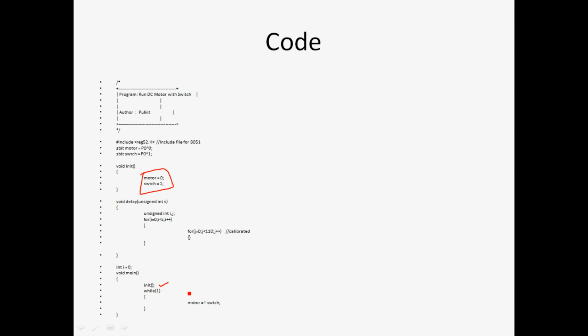In the logic area it's written motor is equal to not switch, which shows that if the switch is pressed then the motor will run. So switch should be 0 if we want the motor identifier to be equal to 1.